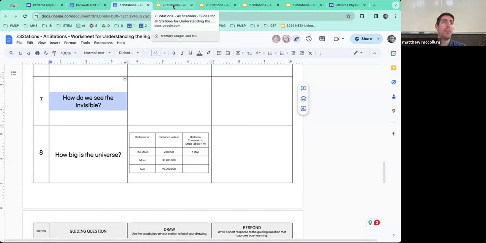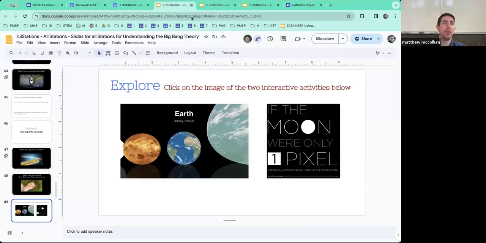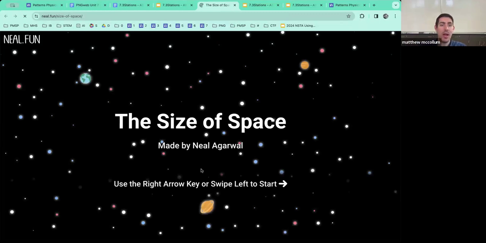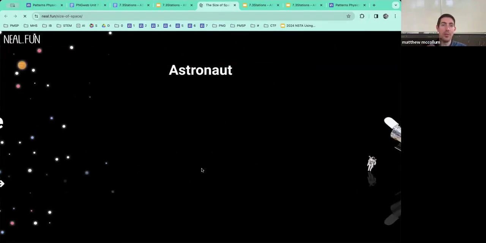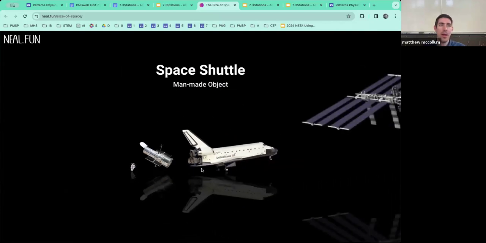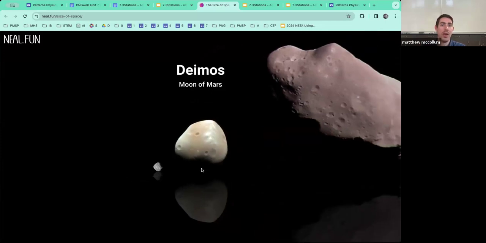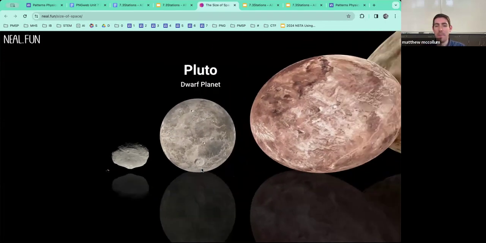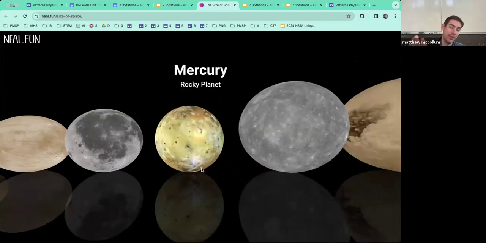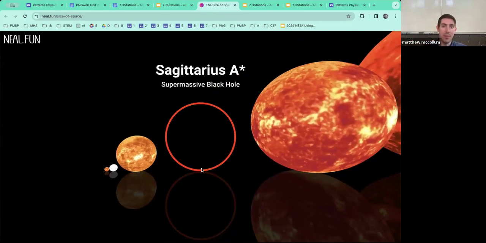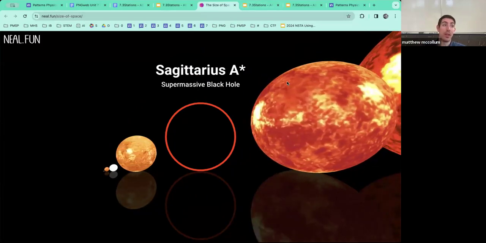And so part of their task is to calculate, if the moon is one step away, how far away is Mars, how far away is the sun. And then there's a couple of really cool graphics just showing the scale of the universe. So there's this one that just goes through a bunch of celestial bodies, and then all the way to the size of the universe.